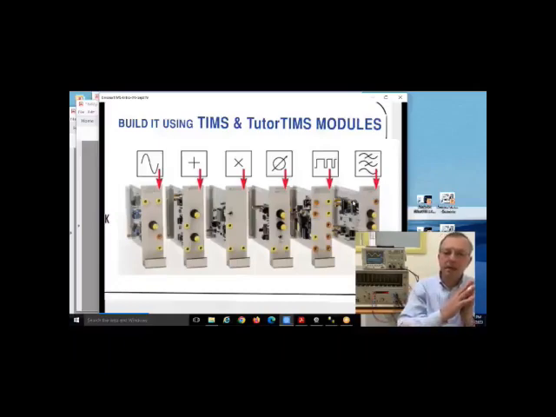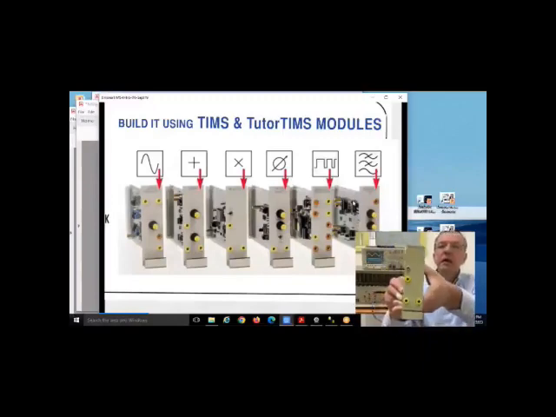Well, Tim Hooper thought about this and developed the system in such a way that students can pick up modules and in most cases, start to use them without having to read the user manuals, because TIMS follows very strict conventions.